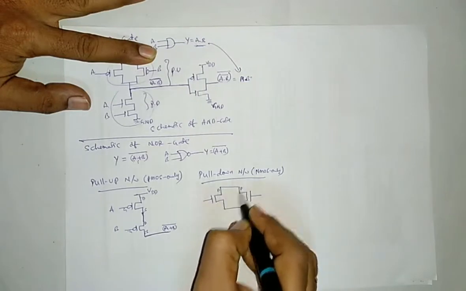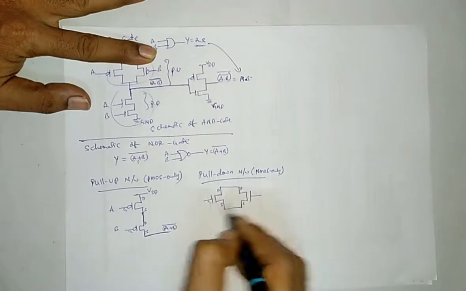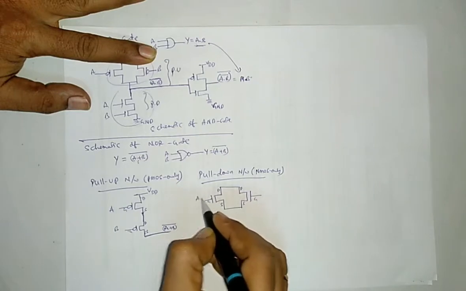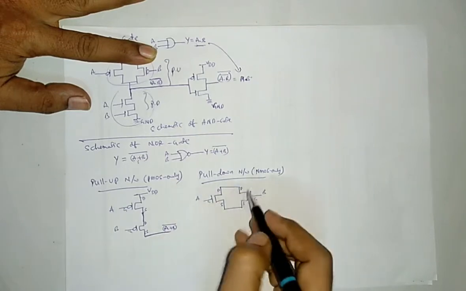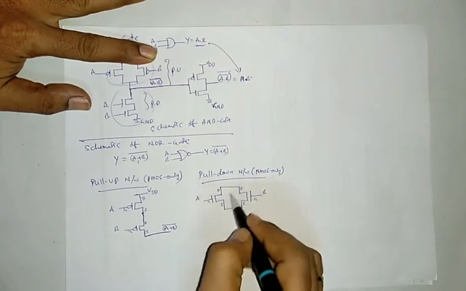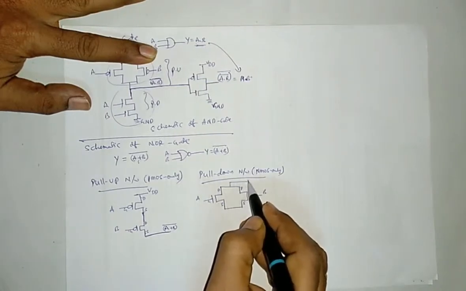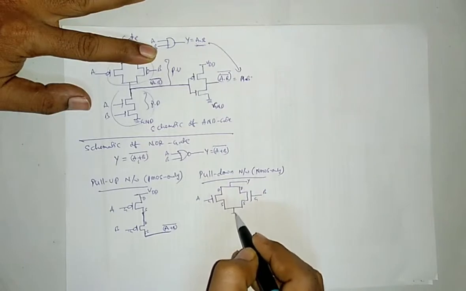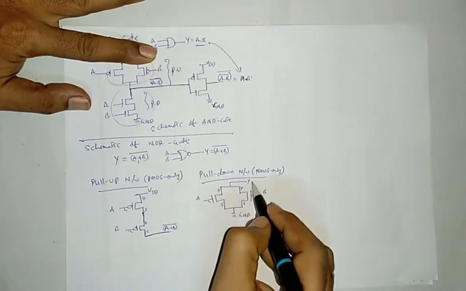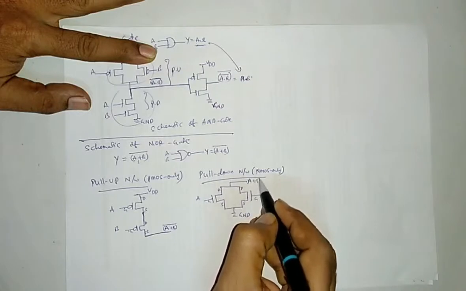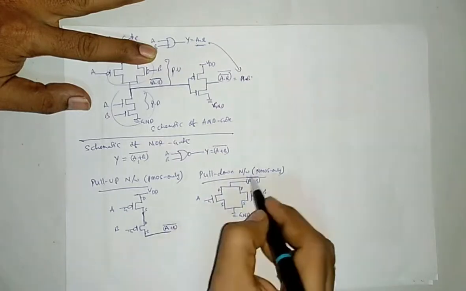These 2 are drains, these 2 are sources, gate and gate. For example, input A, input B. This pull-down network should be connected between what? Output and ground. Here what is the output? It is generating (A or B) whole complement.